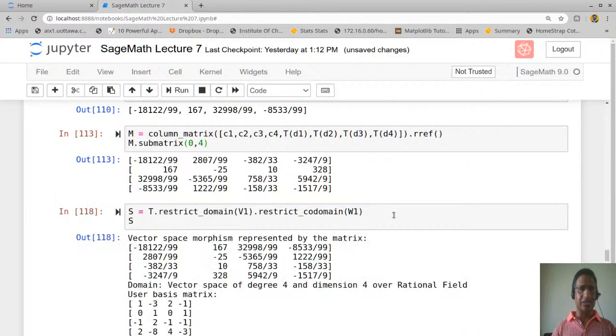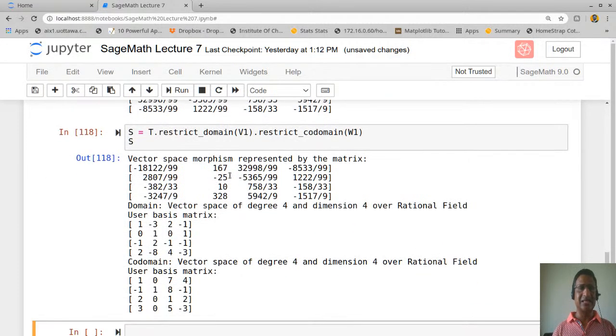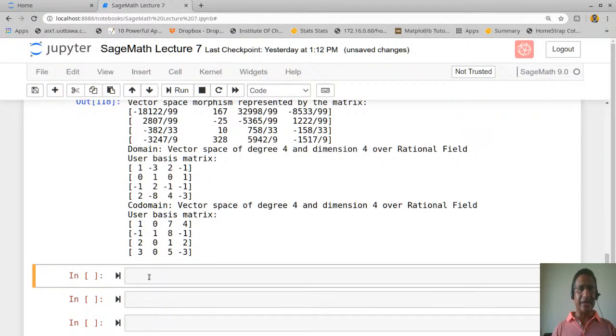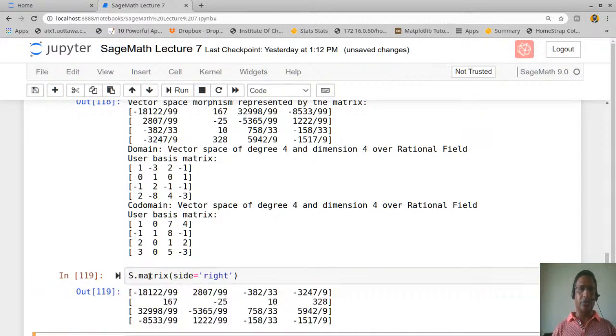Now you can ask for what is S. It says that this is a vector space morphism represented by this matrix, and domain is given by this, codomain is given by this. So it clearly says what exactly this S is. Now let us find matrix of S. S dot matrix with respect to the given basis, and side is equal to right.